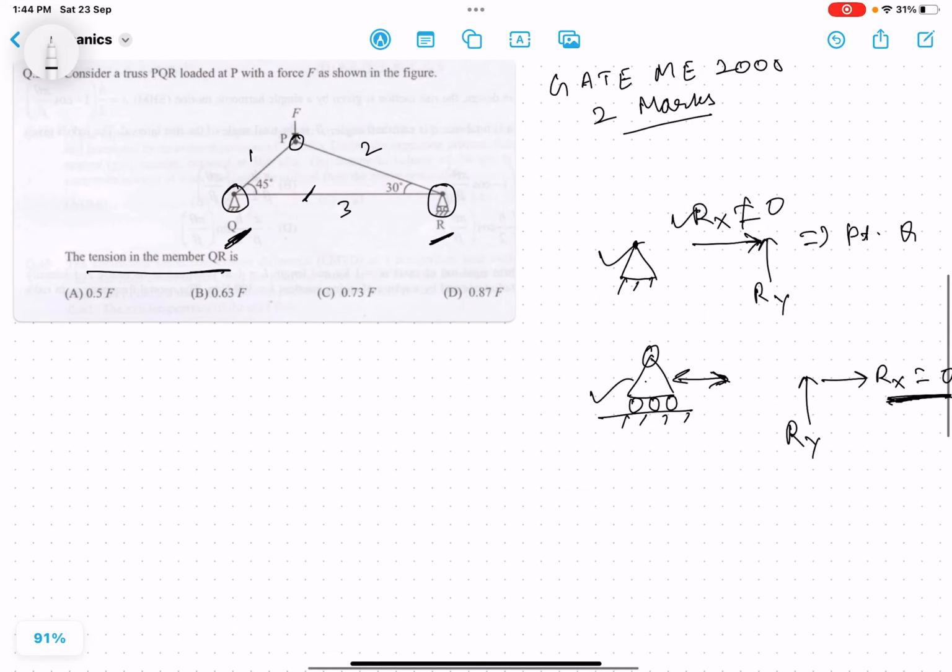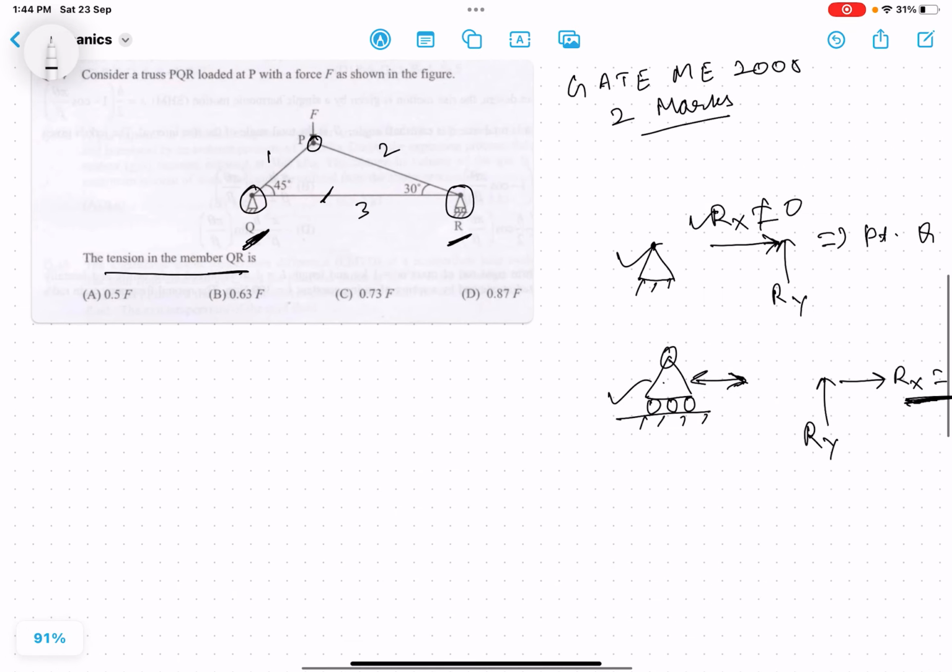So now we will look into our question. First we will redraw our truss which is given in the question. This is point P, this is point Q, and this is point R. This is F, the external force that is applied on the truss.